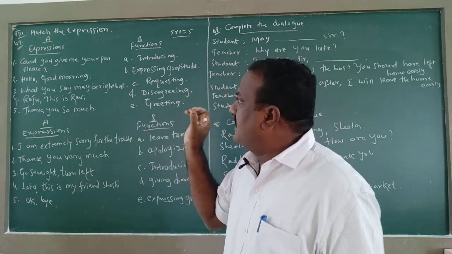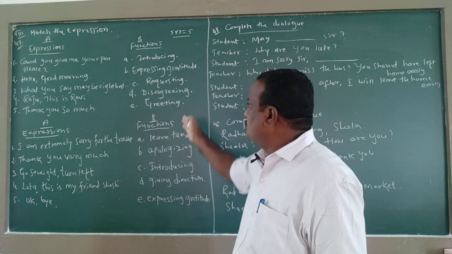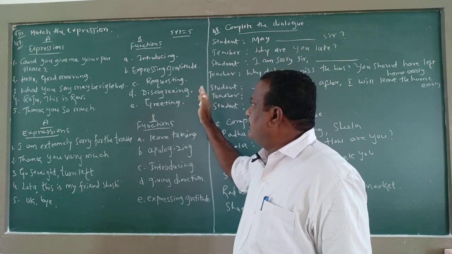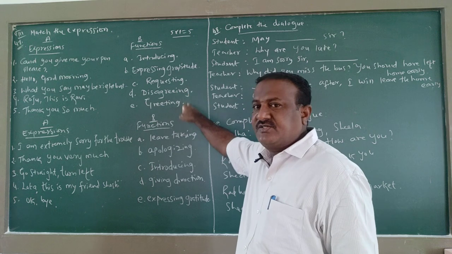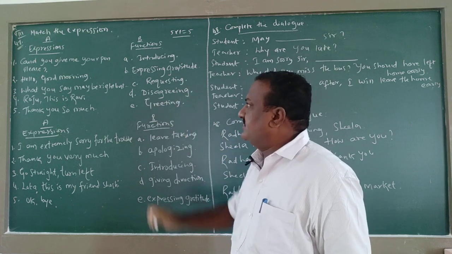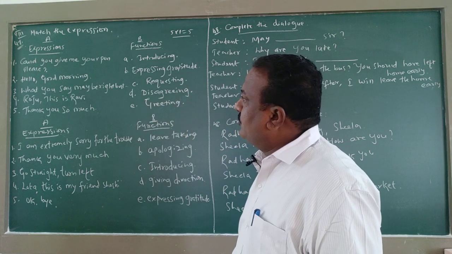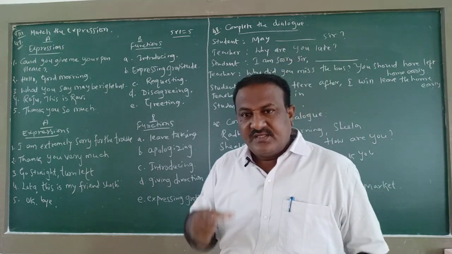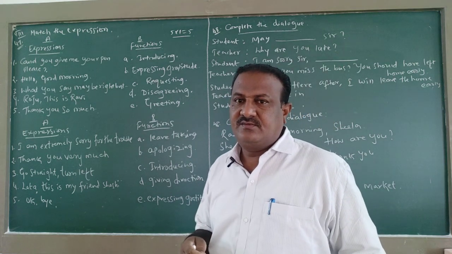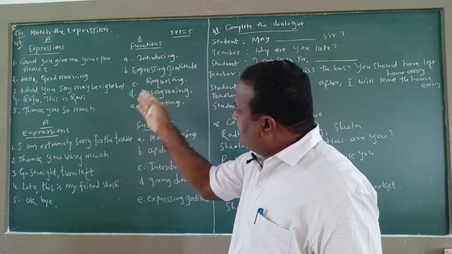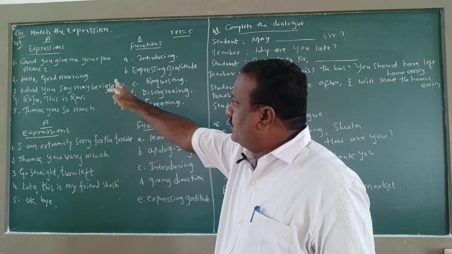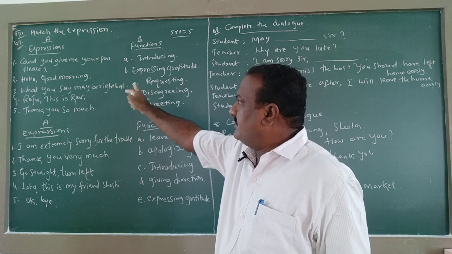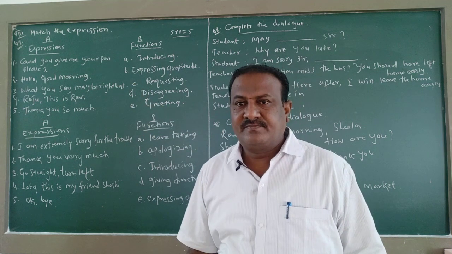First you have to understand the expression and the suitable language function, and then match it. Could you give me your pen, please? Here the first expression is, could you give me your pen, please?